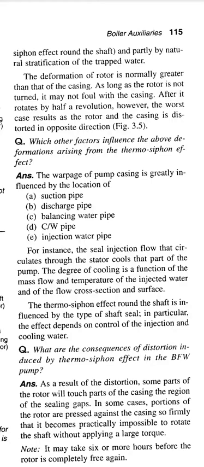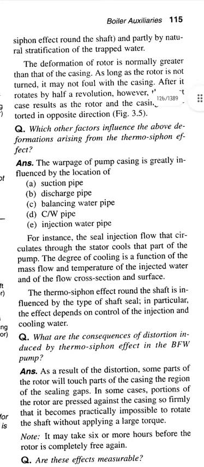The deformation of the rotor is normally greater than that of the casing. As long as the rotor is not turned, it may not foul with the casing. After it rotates by half a revolution, however, the worst case result is that the rotor and the casing distortion are in opposite directions.